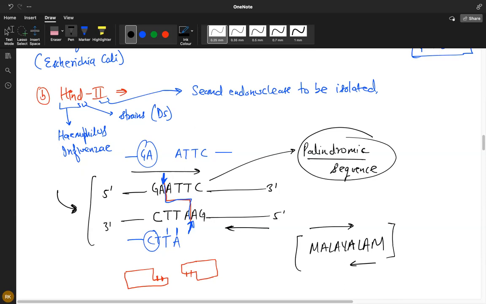Yes, sir. So what is happening here about why restriction endonucleases choose palindromic sequences, or recognize them?